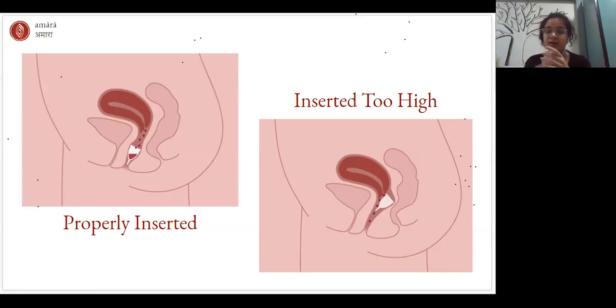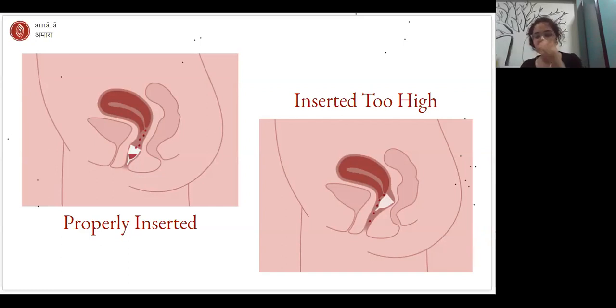You can keep the cup in for even 12 hours if you don't have a very heavy flow or it's the last few days. Generally it would feel a little heavy, or if the suction is broken because the cup got too heavy, you can feel slight air bubbles.